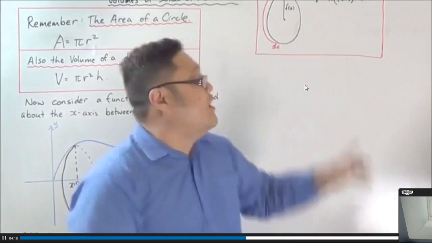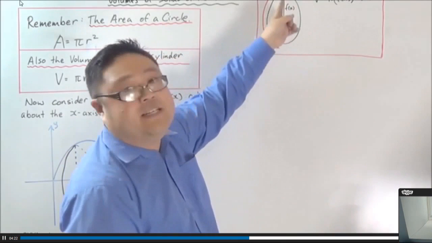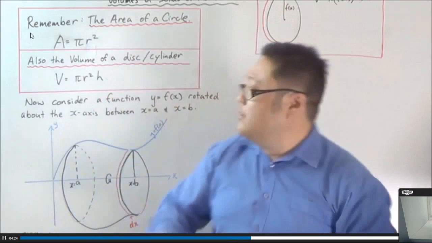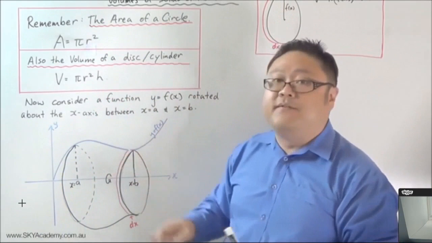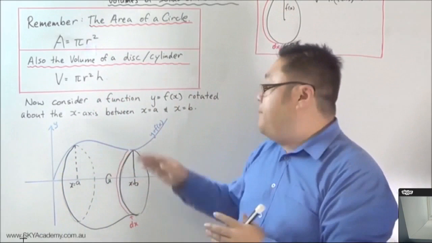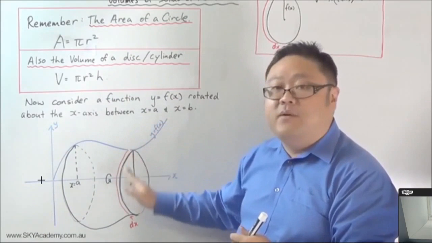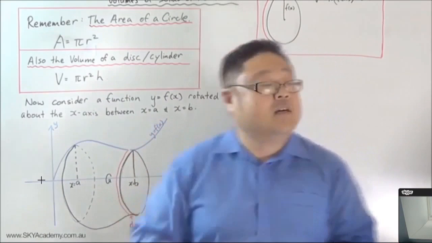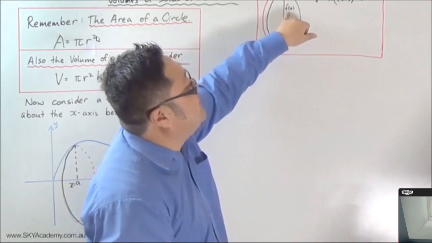Not only that, but the radius of that disc will be determined by the equation of the function at that value of x. Does that make sense? So basically the radius is equal to f of x.